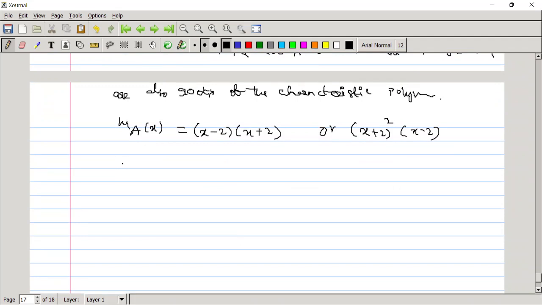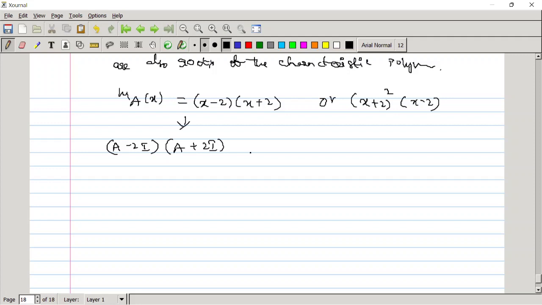Corresponding to the first polynomial, we will check the value of the matrix A minus 2I into A plus 2I. If we get this equal to 0, we can say this is the minimal polynomial. Otherwise the second one is the minimal polynomial.